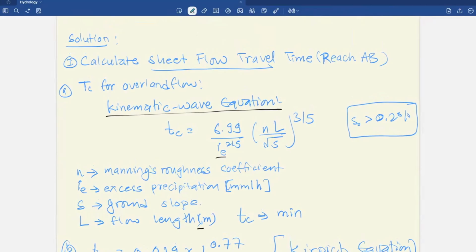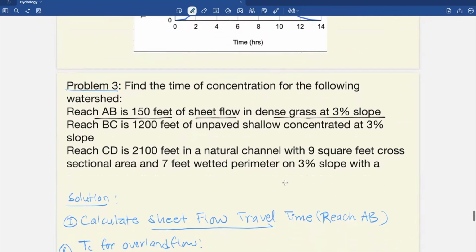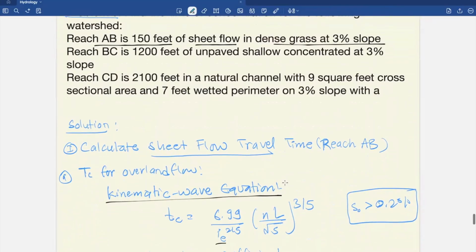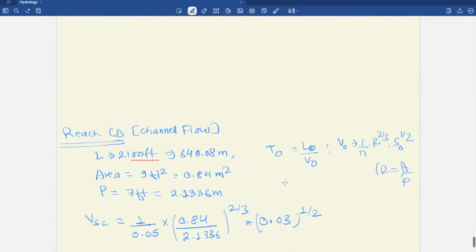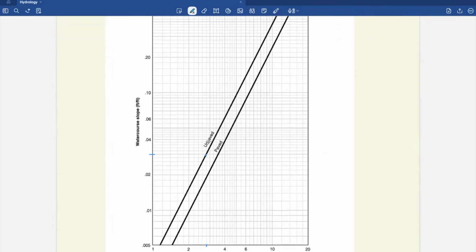And for reach B, it is shallow concentrated flow, 1200 feet, unpaved, and has 3% slope. Once the water concentrates into small rills and gullies, it moves faster. For shallow concentrated flow, we can use the TR-55 concept, which is given in this Figure 3.1.